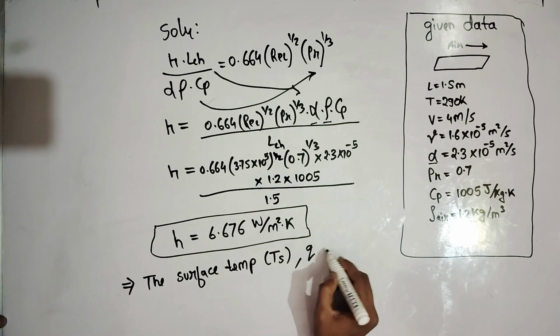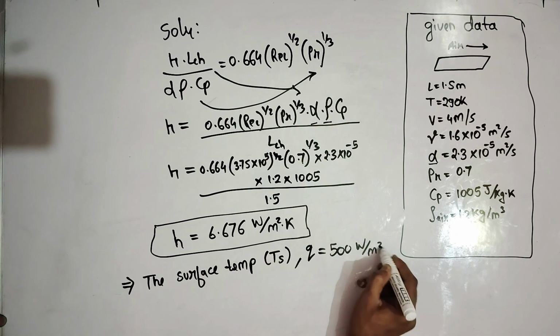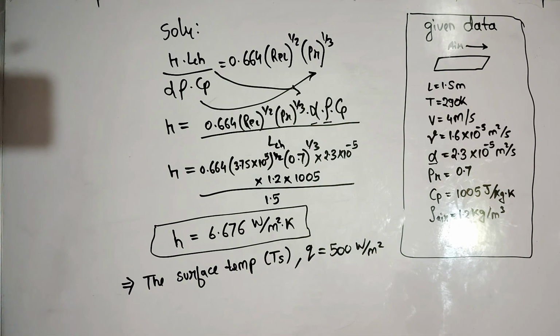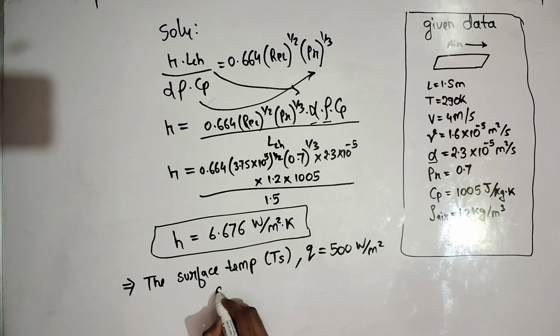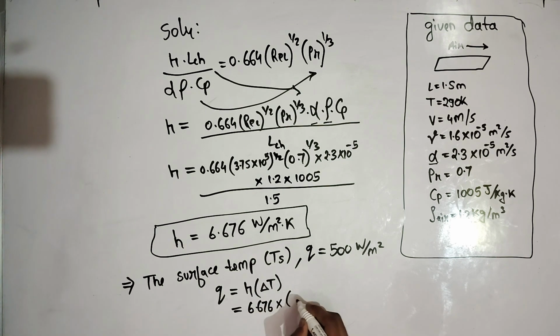And we are given the heat flux as 500 watt per meter square. So we will use the relation for heat flux. Heat flux equals heat transfer coefficient into temperature difference. Here, the heat transfer coefficient is 6.676 into temperature difference, which is temperature of surface minus temperature of air. And heat flux is given as 500.